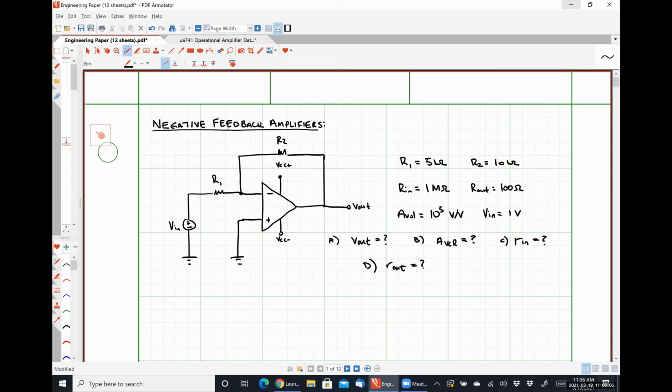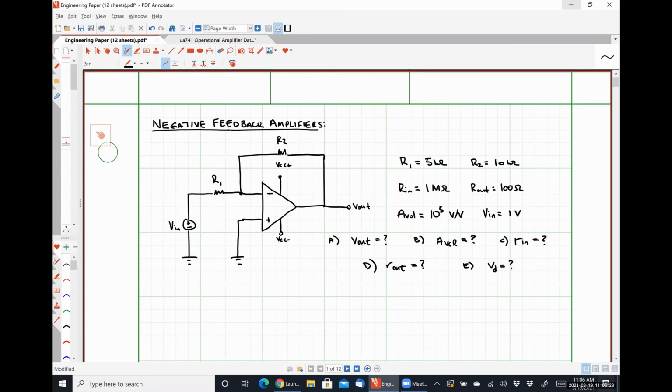Also going to require the use of Thevenin's theorem. And then lastly, we are going to try to determine our differential voltage. And honestly, we're probably going to figure out E before we get C and D. I wrote them down in that weird order for whatever reason.